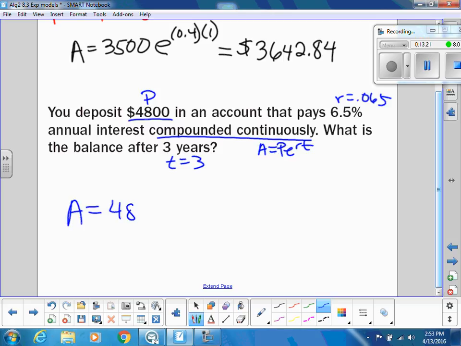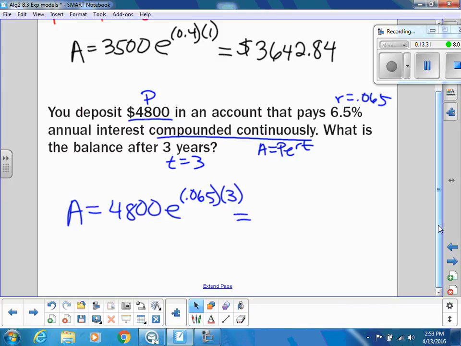So we got 4,800 times E to the 0.065 times 3 power. So let's see what we get. I'm going to type that in. Hopefully you found your E button. If you did not, you need to ask me about that when you get into class. So that gives us 5,833.49.